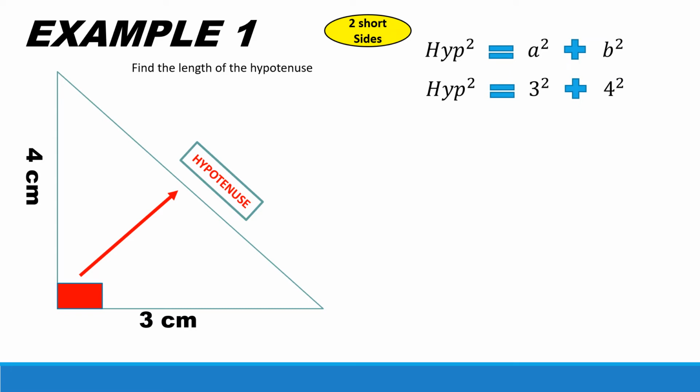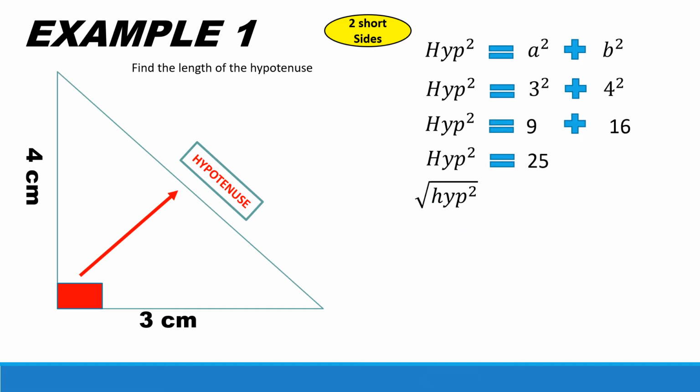It doesn't matter what we assign a and b as. So I'm going to assign side a as 3, which is 3 squared, and b will be 4, which is 4 squared. Hypotenuse squared equals 3 squared, which is 9, plus 4 squared, which is 16. The hypotenuse squared equals 9 plus 16, which is 25.